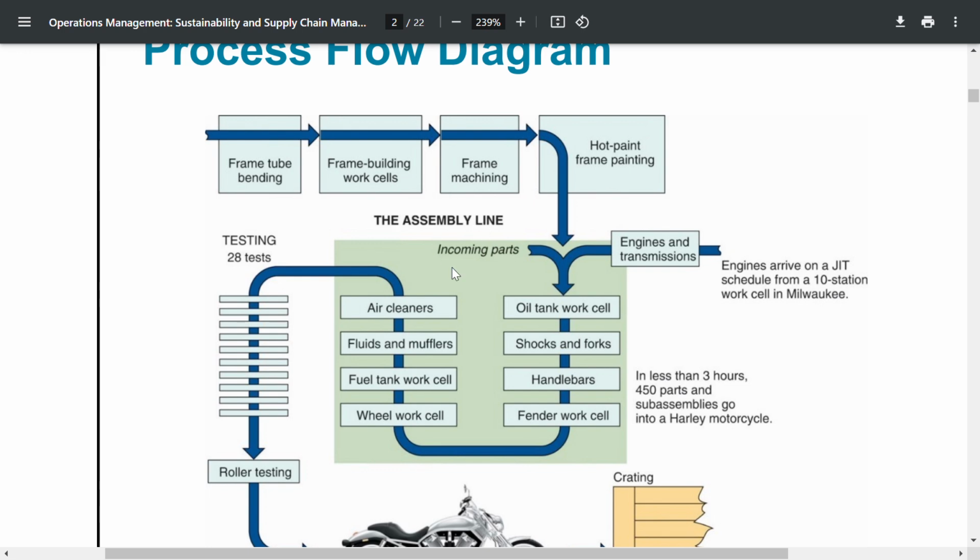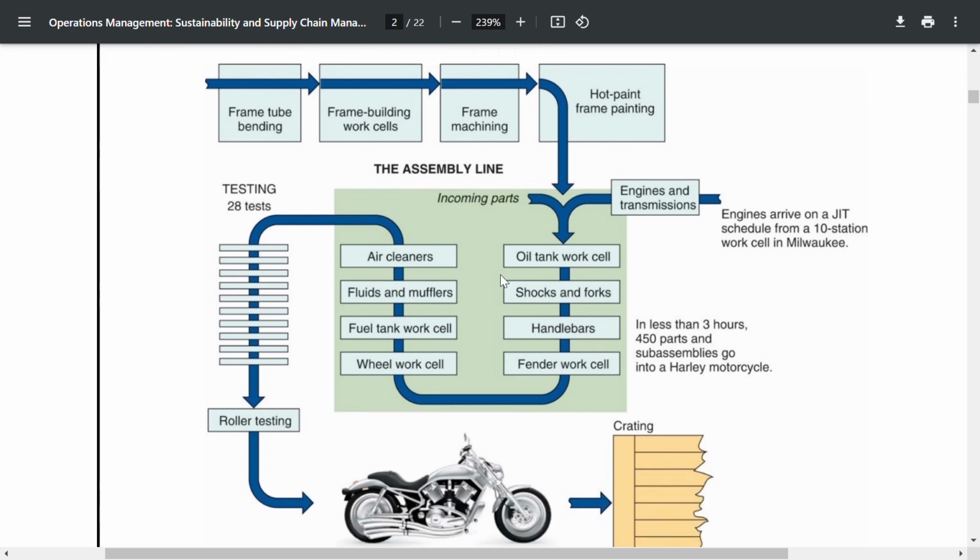So in the assembly line, we then assemble the different parts: the oil tank, the shocks and forks, also the handlebars, fender work cell, the wheel work cell, fuel tank work cell, fluids and mufflers, the air cleaners. All of these are being assembled and added together in the assembly line. So here we have first the frame, and then it goes to the assembly line, and then also engines and transmissions are added into the assembly line.